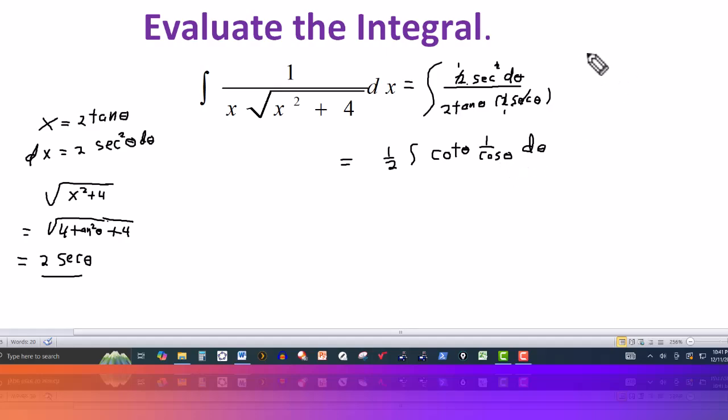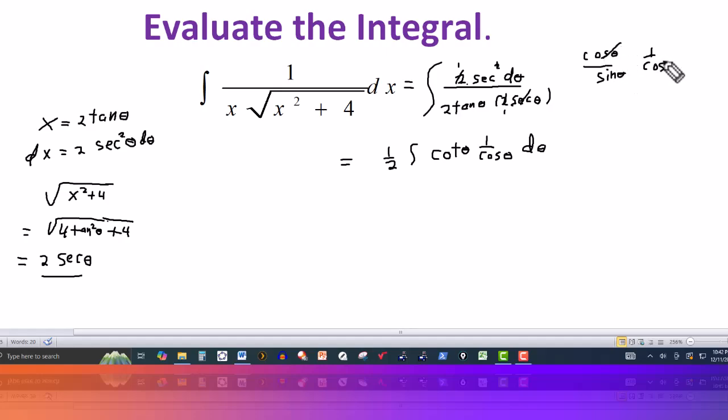Cotangent is cosine over sine. And then we got 1 over cosine. The cosine theta cancels, we got sine theta here.